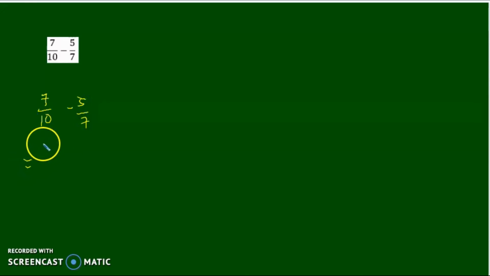So we have 7 times 7 is 49, and then minus 10 times 5 is 50, over 10 times 7 is 70. And then subtract 49 and 50. So that one is negative 1 over 70.